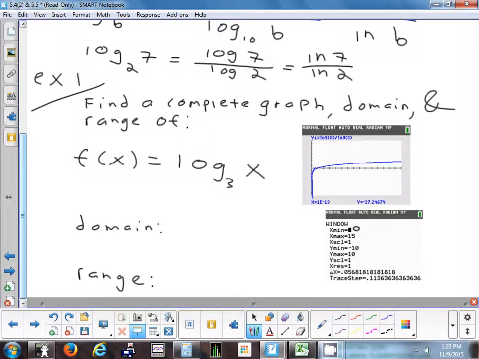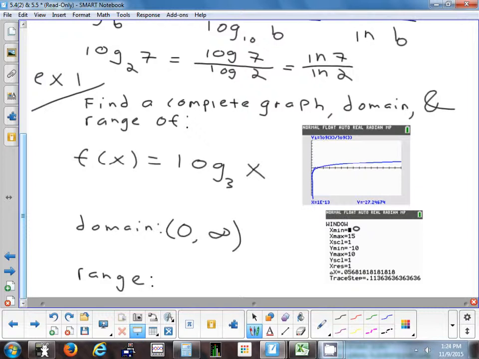Yep. So it would be down to 0. Are you talking about open or closed? Like include or not include? Well, not include, right? Yeah, not include. And how high? To infinity. So it's an unbounded interval, not including either end, 0 or infinity.